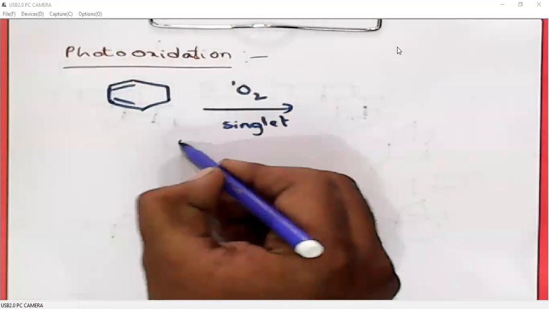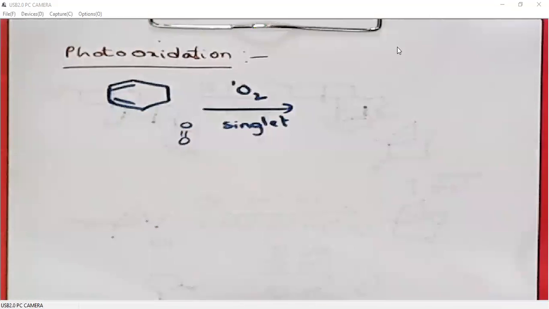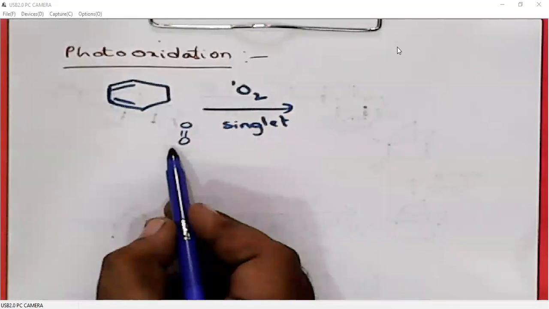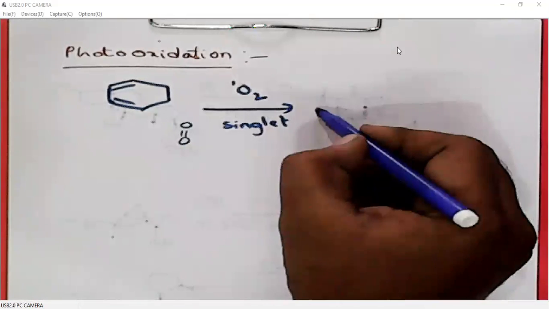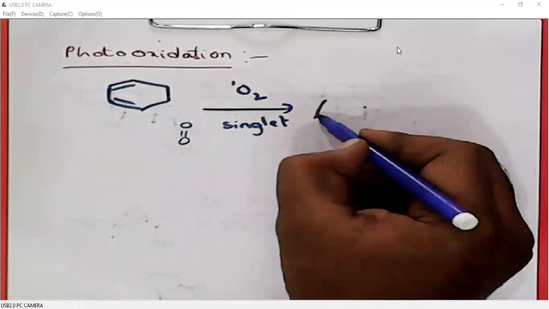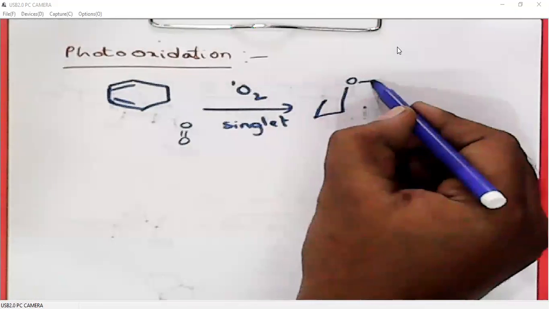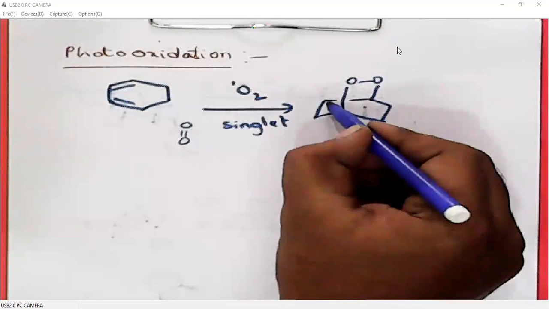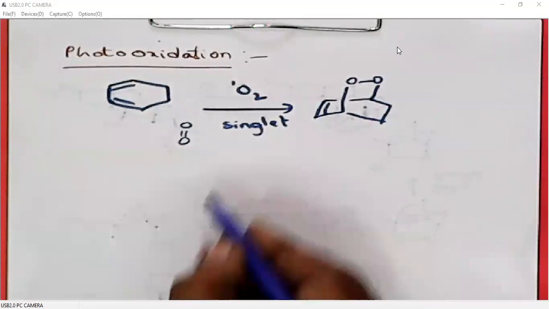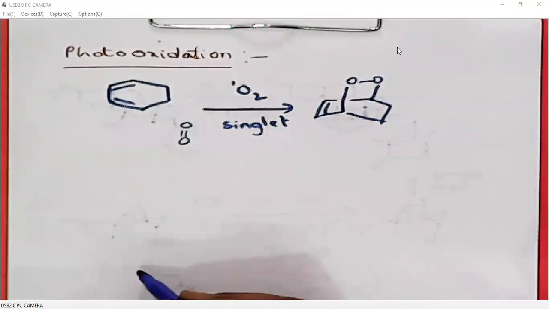Oxygen, O double bond O, right? So it is the dienophile. A pericyclic reaction takes place here to generate this structure. So it is a Diels-Alder reaction.